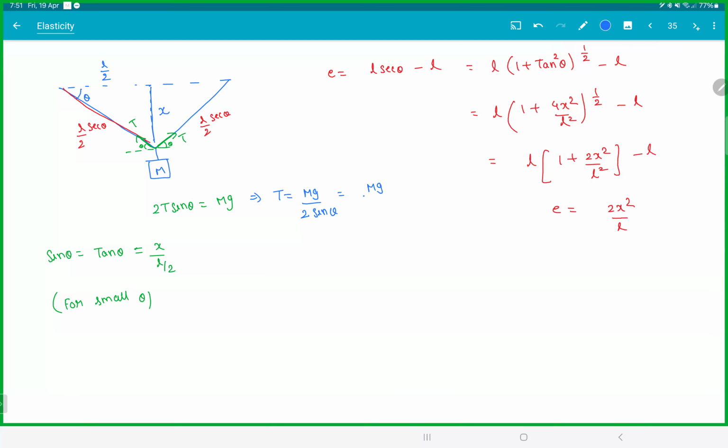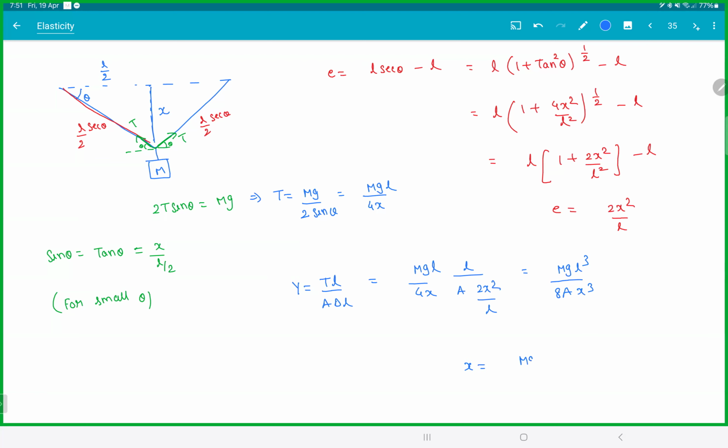Tension is mg by 2 sine theta, which is mgL by 4x. Then Young's modulus is equal to tension times length by A delta L. Tension is mgL by 4x, length is L only, area is A only, elongation is 2x square by L. So Y equals mgL cube by 8Ax cube.